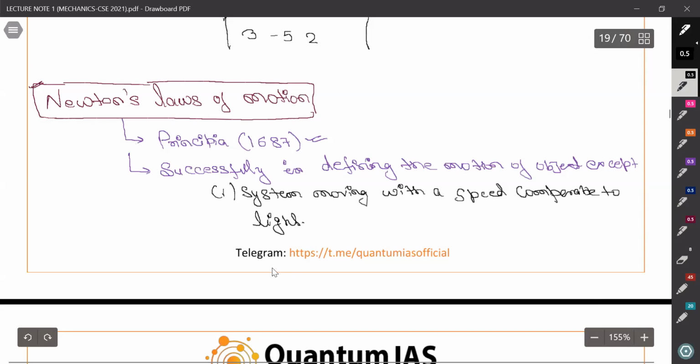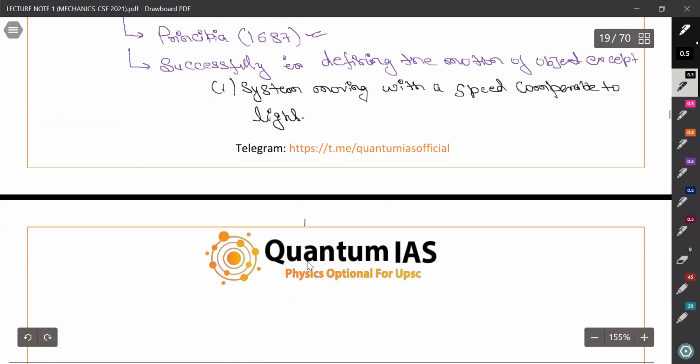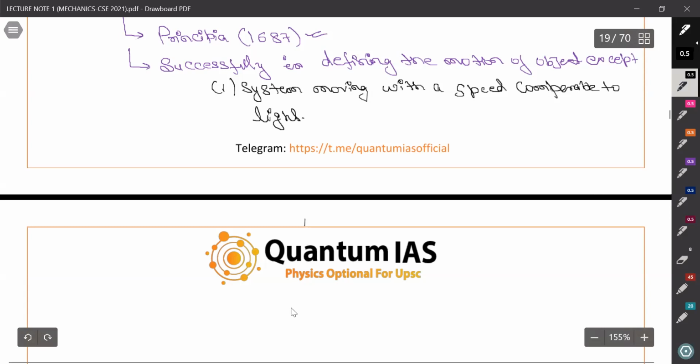So when a system starts moving with speed comparable to light, then Newton's laws of motion fail to solve that question. But that's not a very big setback for Newton, because any motion on our earth can be easily understood from Newton's laws of motion. Also, what we can observe from our naked eyes can be easily observed and comes into the jurisdiction of laws of motion of Newton.